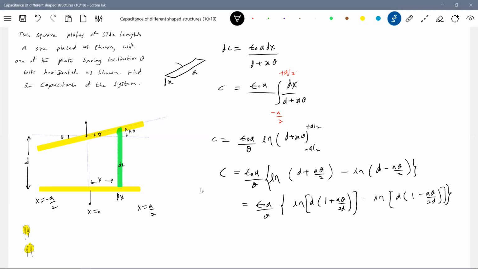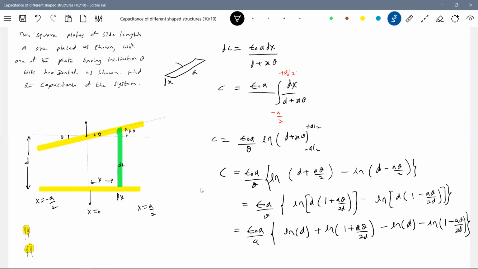Now you see this log a plus log b formula. Log ab you can write as log a plus log b. So this will become epsilon naught a by theta, log d plus log of 1 plus a theta by 2d, minus log d minus log of 1 minus a theta by 2d.